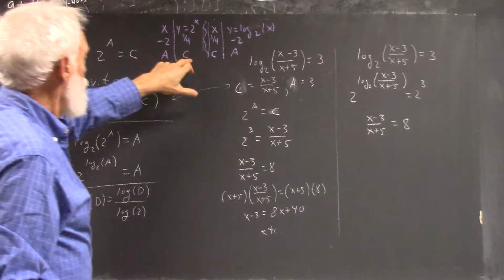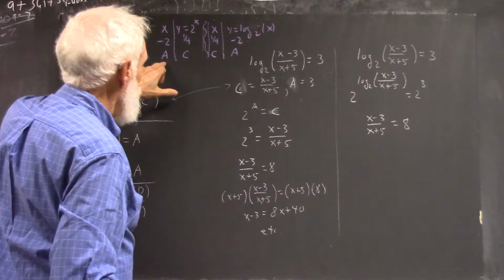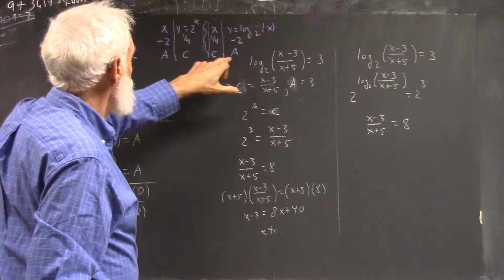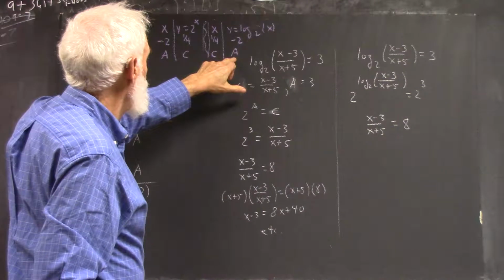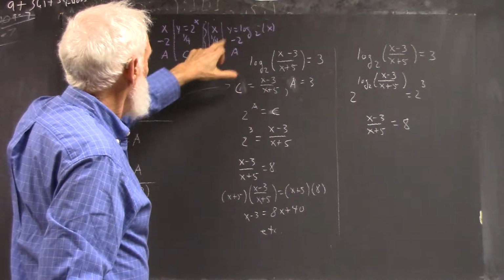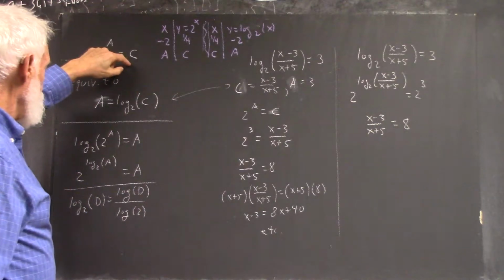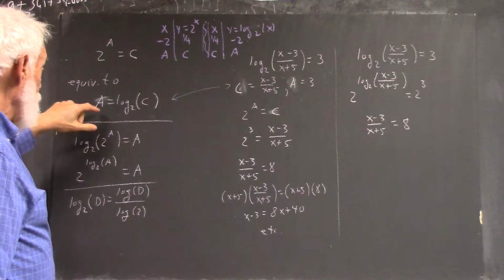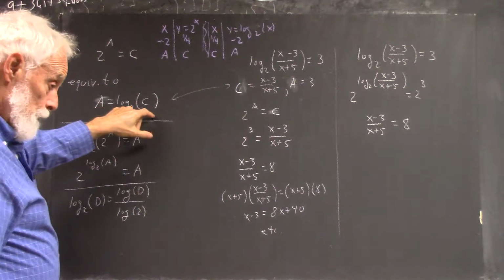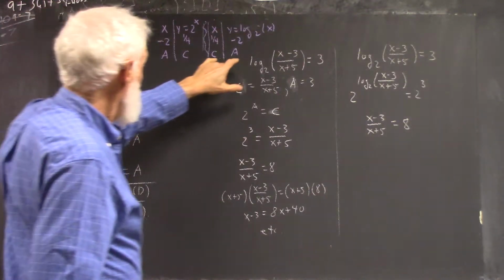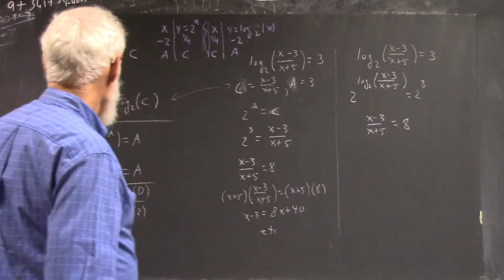So here c is 2 to the a. Here a is log base 2 of c. This means that 2 to the a equals c says the same thing as a equals log base 2 of c, because this implies this.